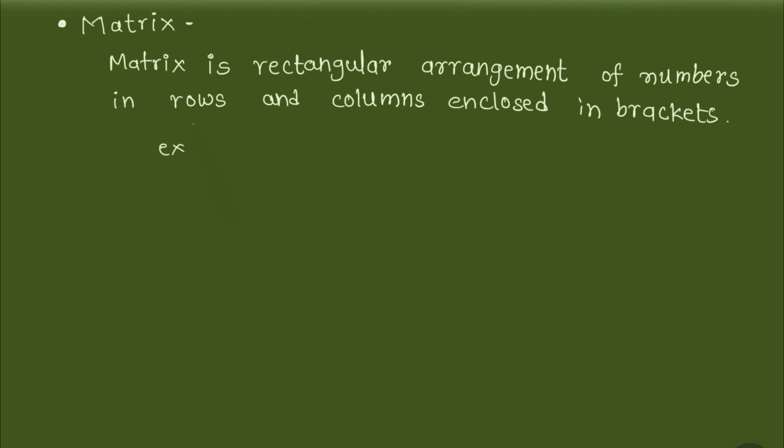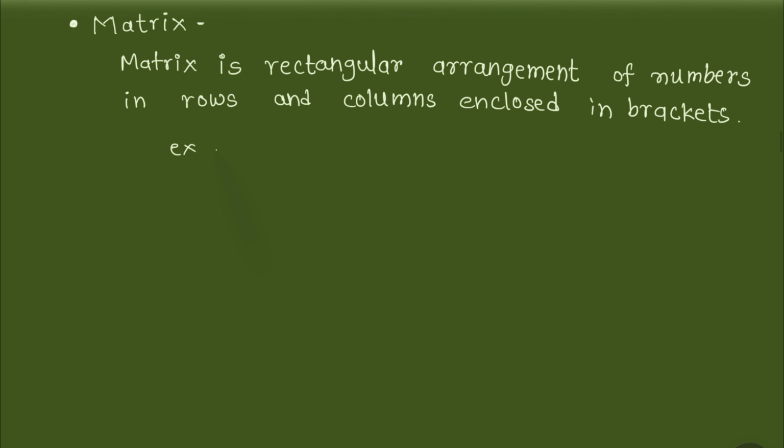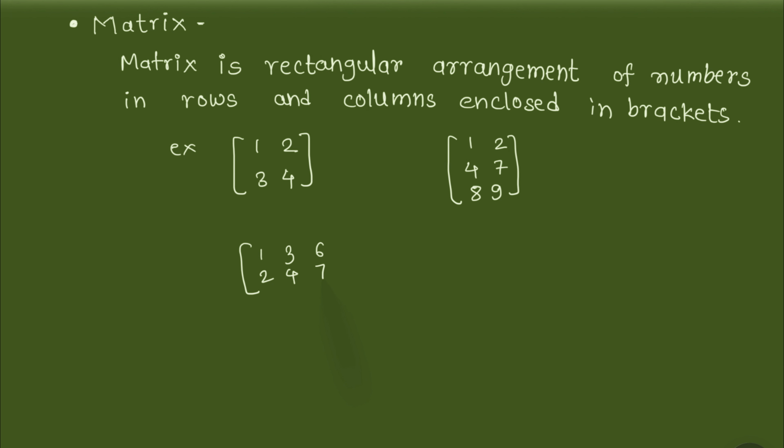Let's start with matrix. A matrix is a rectangular arrangement of numbers in rows and columns enclosed in brackets. Let's take examples: 1, 2, 3, 4; 2, 3, 4, 7, 8, 9; 1, 2, 3, 4, 6, 7; 10, 11, 12.